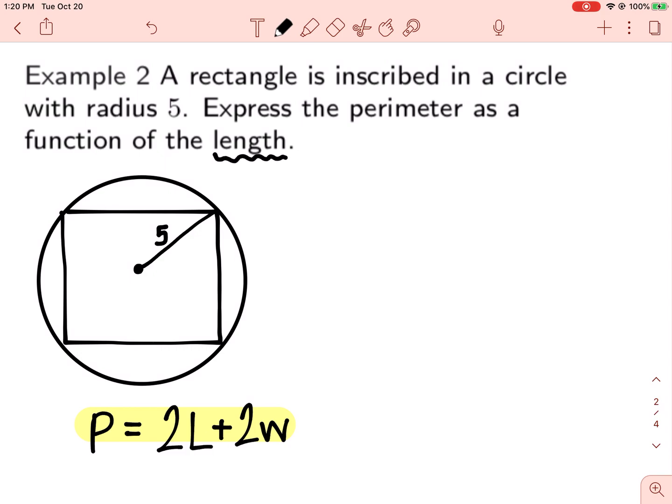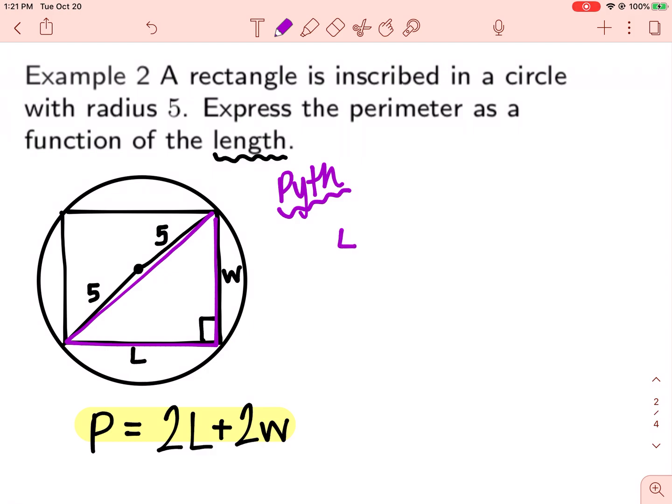So looking through this, I need to figure out a way to get a new value for W. Well, looking at it, I'm going to keep going here and show that this is 5 as well. I know a rectangle has right angles. This can be my length, this can be my width. What's jumping out at me right now is a nice Pythagorean theorem, this nice right triangle here. So I'm going to use that from my back pocket.